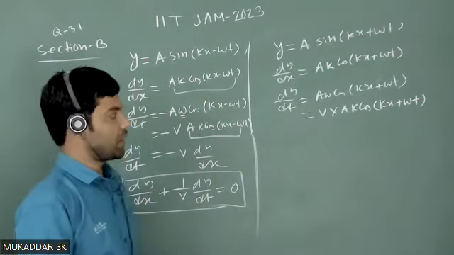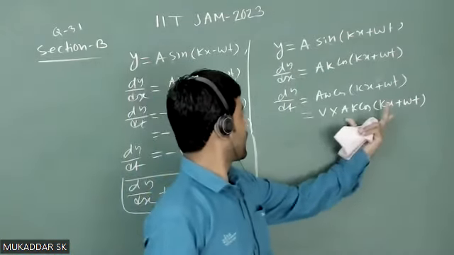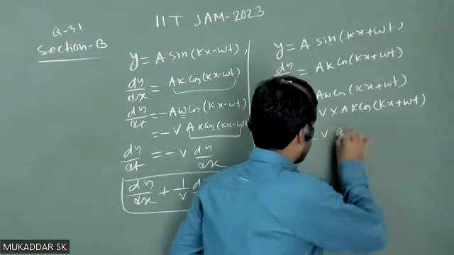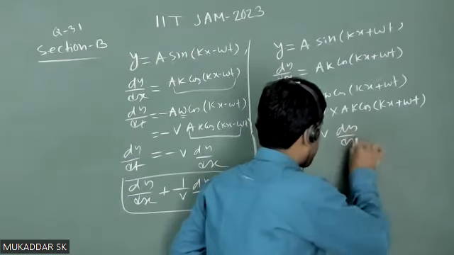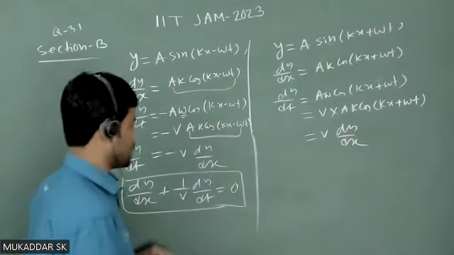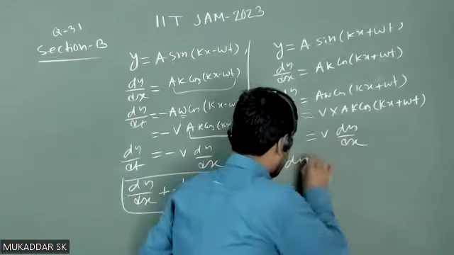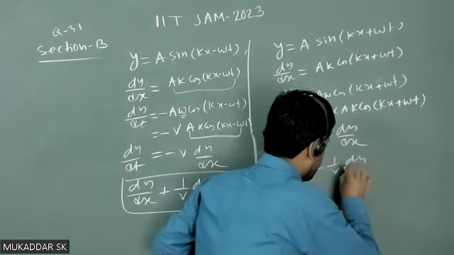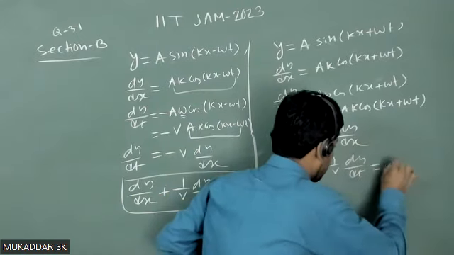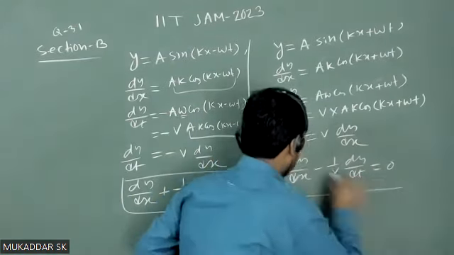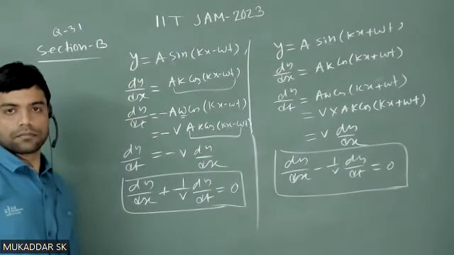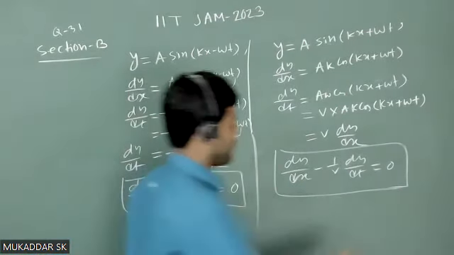Again I can write this as dy by dx, so it will be v into dy by dx. So this wave I can represent as dy by dx minus 1 by v dy by dt equals 0. This wave equation describes the wave when it is traveling along the negative x direction.